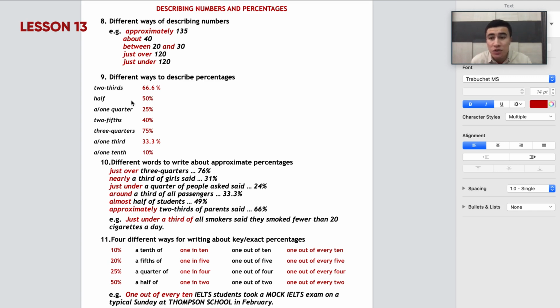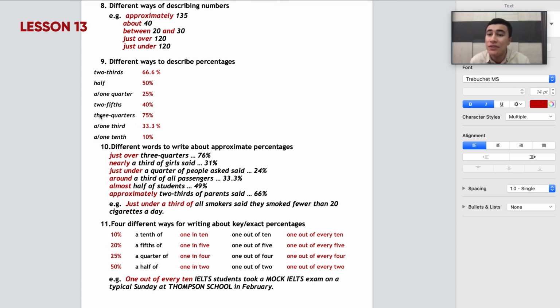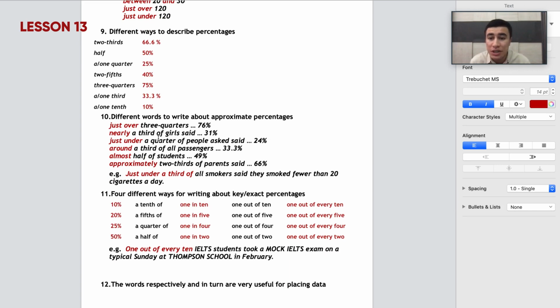Okay, 50%, half, 25%, a quarter or 1/4, 40%, 2/5. So these are the fractions. In fact, 3/4, 75%, a third, 1/3, 33.3%, a tenth, 1/10. Okay, I think this was clear, guys.